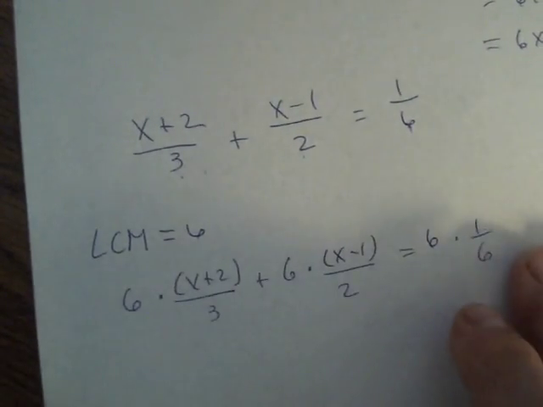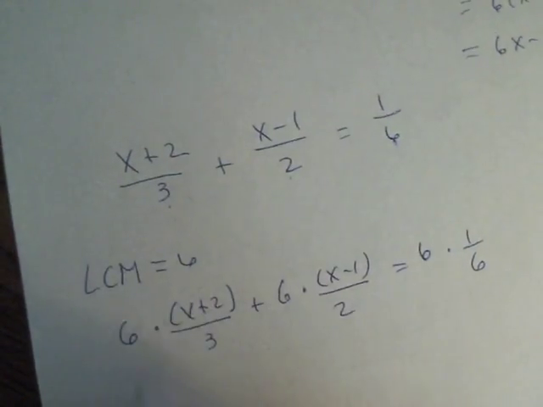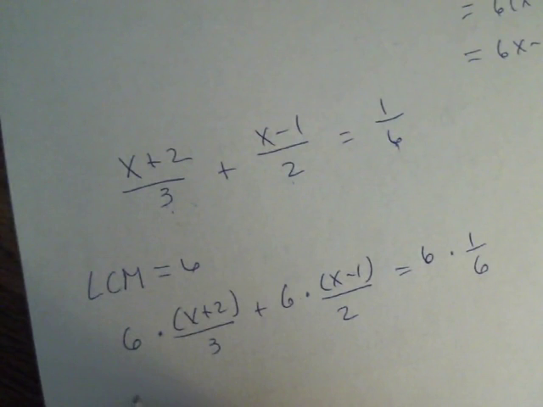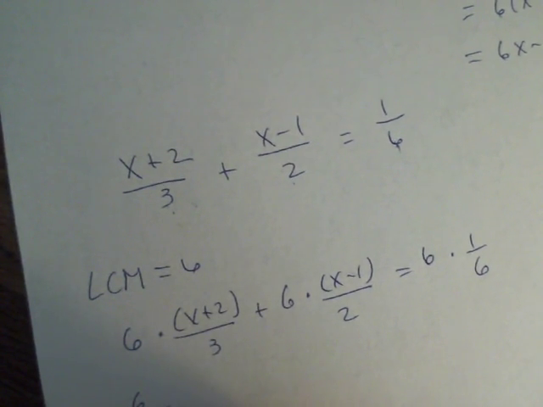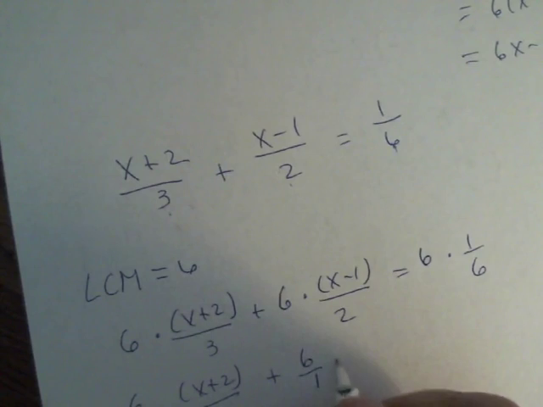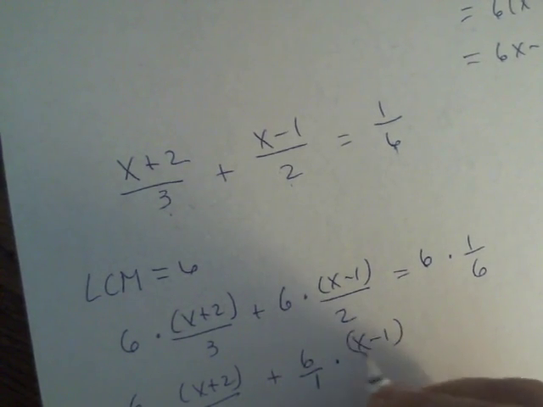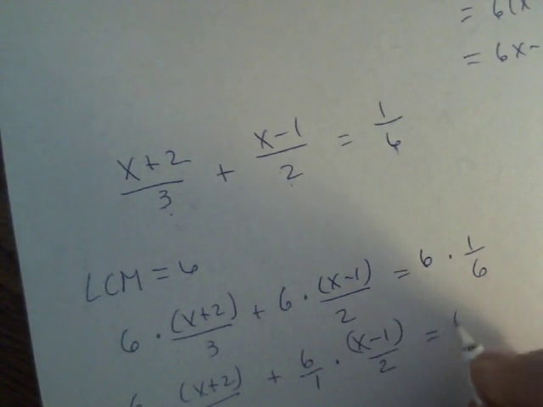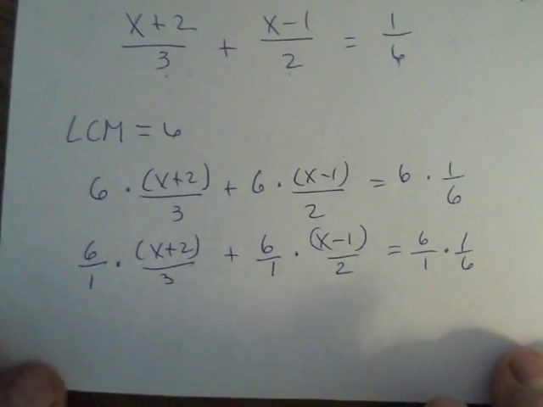So don't look at the whole problem, look at one thing at a time. I'm going to take 6 over 1 times (x + 2)/3, 6 over 1 times (x - 1)/2, and 6 over 1 times 1/6.